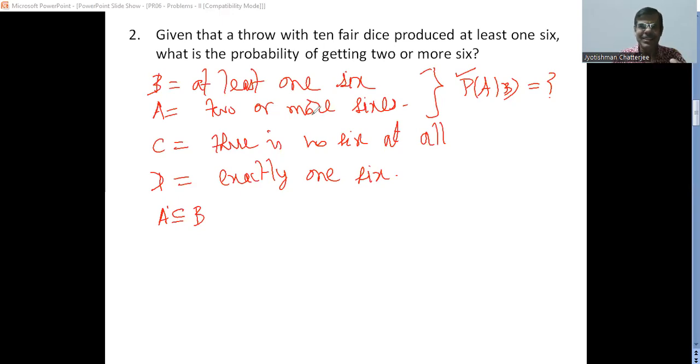And in that case, of course, event B is also satisfied, because at least one of them is 6. That's why A is contained in B. That means AB is same as A. So probability of AB is equal to probability of A.